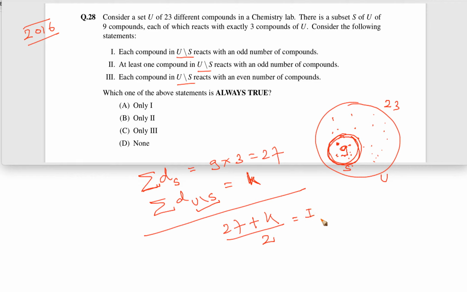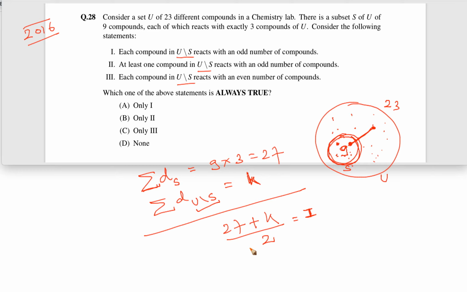That is my point. Why? Because if this compound reacts with that compound, then this reaction, this edge, was counted 2 times, once for each element. So when we sum the overall degree and divide it by 2, we get the number of edges, which is an integral value. It cannot be a fraction.